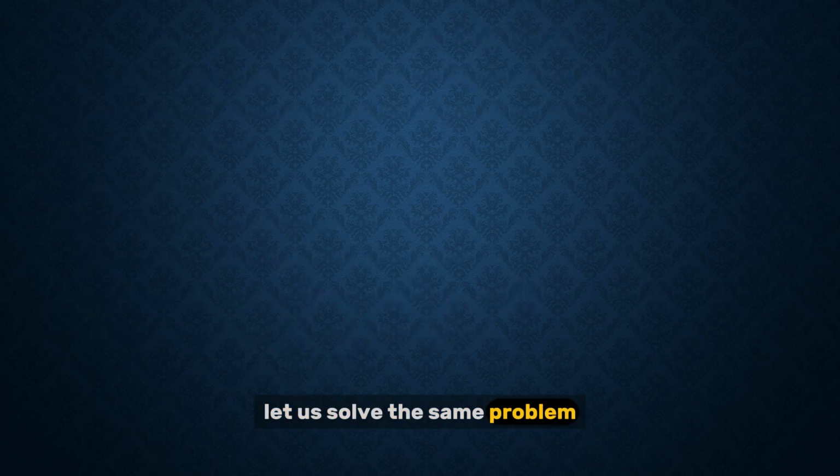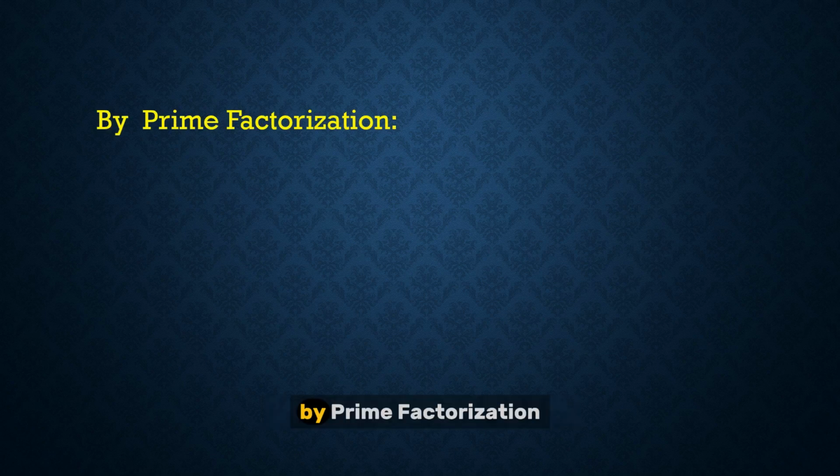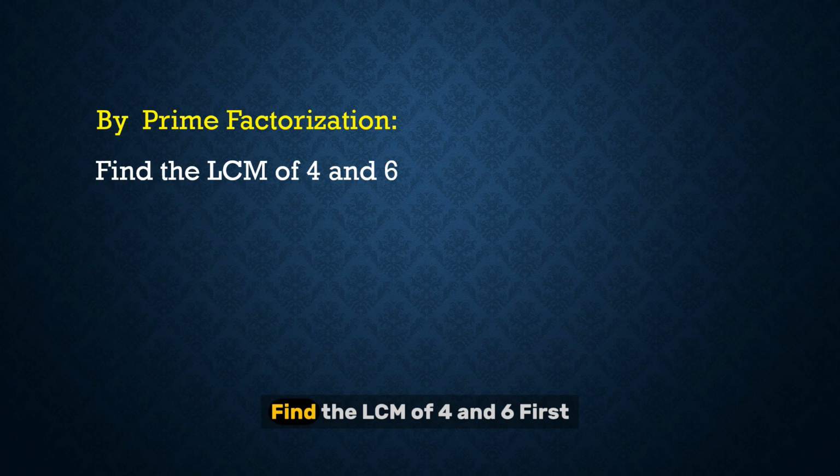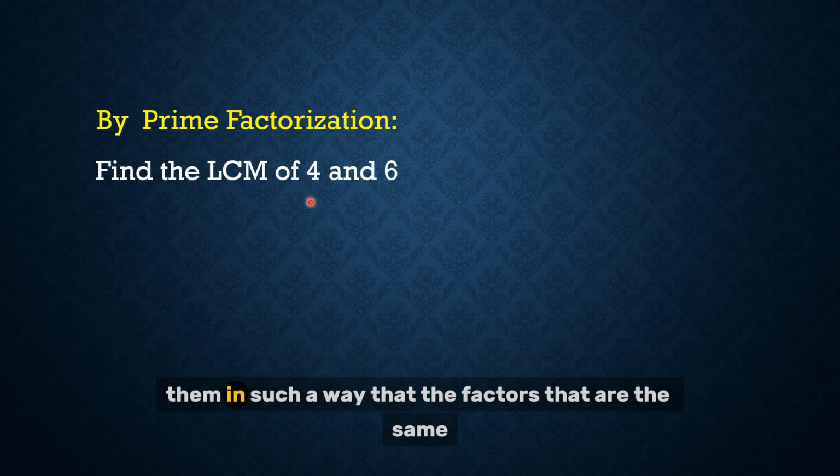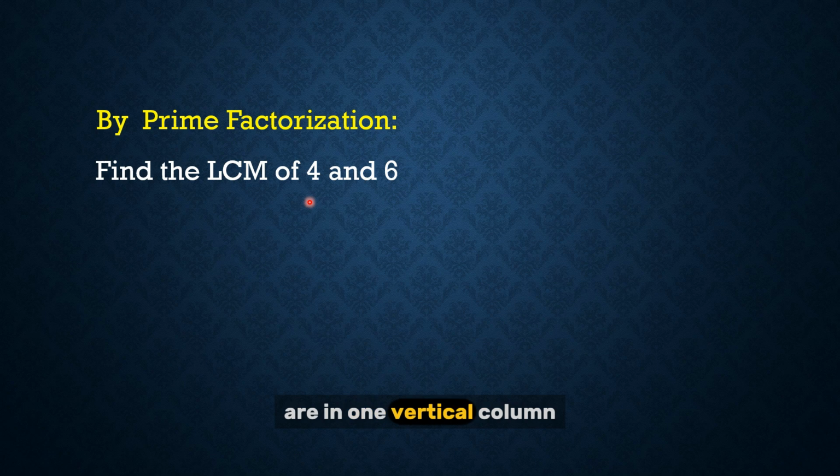Let us solve the same problem by using the second method, by prime factorization. Find the LCM of 4 and 6. First, find the prime factors of 4 and 6, and then arrange them in such a way that the factors that are the same are in one vertical column.